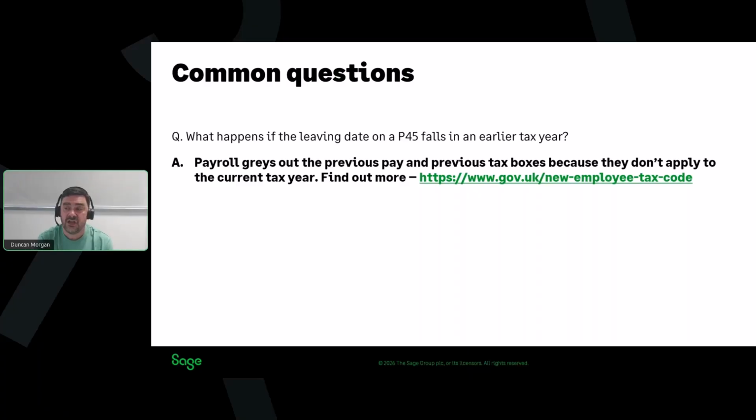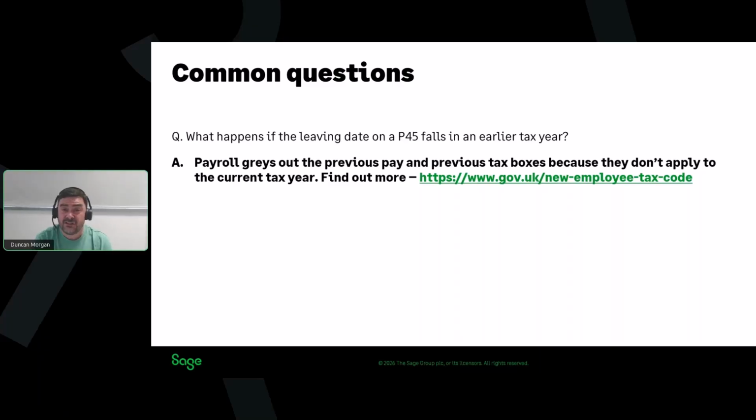You wouldn't use previous pay and tax. Now, in terms of the starter declaration, if the P45 is from the previous tax year and they're on a standard tax code, so one ending L, M, or N, you would simply use the same tax code that was on their P45 and you would choose starter declaration B.